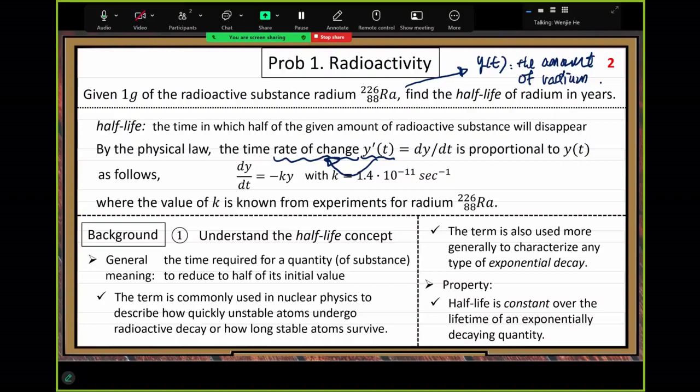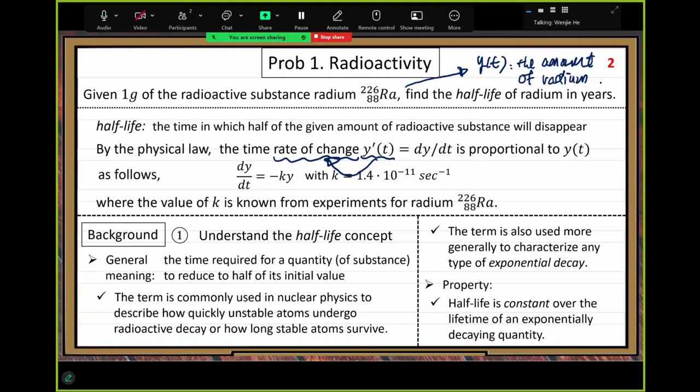So any phenomenon with exponential decay, we can use this property, and use the concept to describe the decay property, which is constant over the lifetime of that exponentially decaying quantity.